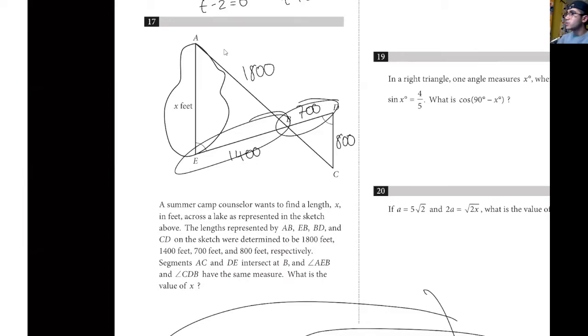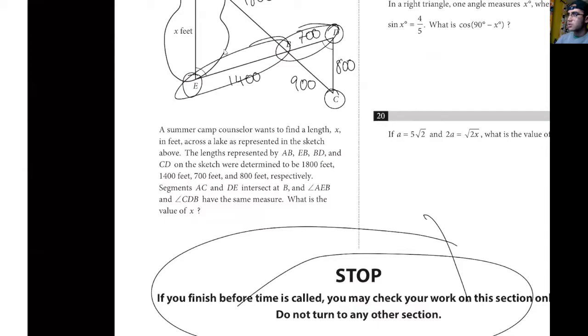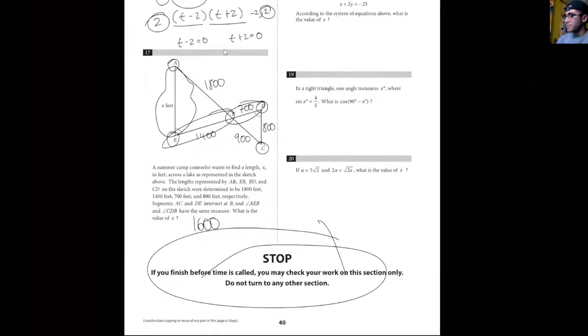Now that we know that EB is twice BD, that means AB is twice BC. So, I mean, we don't really need this, but this is 900. So that means AE is twice DC, right? So what's 800 times 2? 1,600. Your dream score and your score in the future, I promise. I hope. 1,600 is going to be your answer. All right.